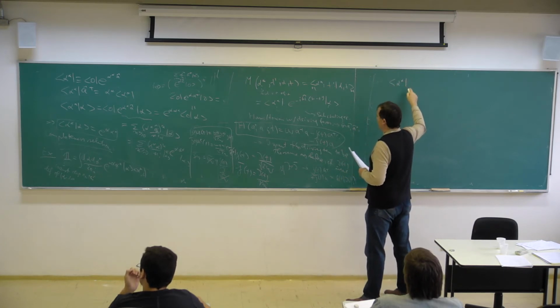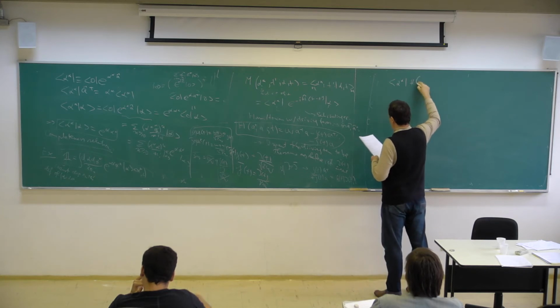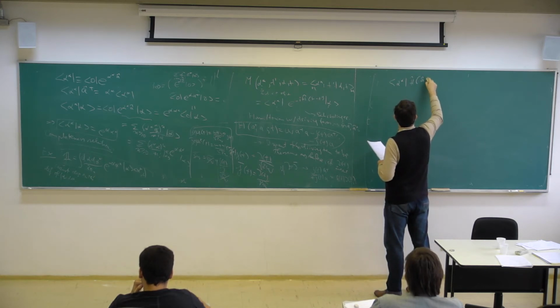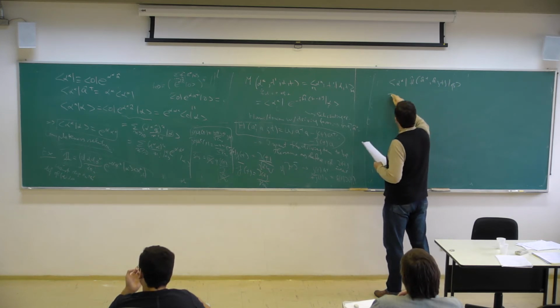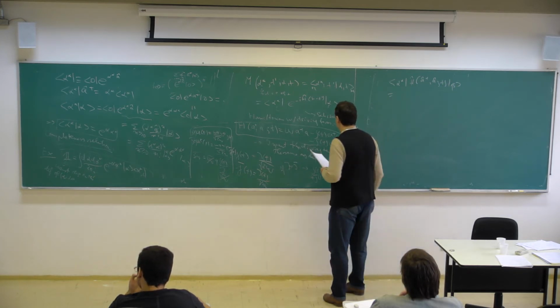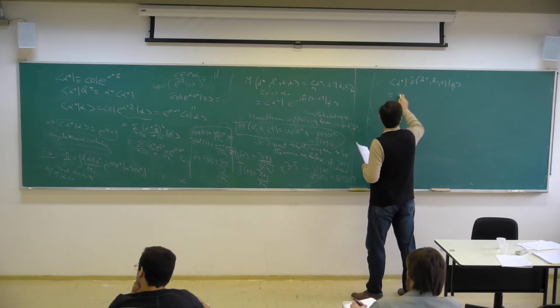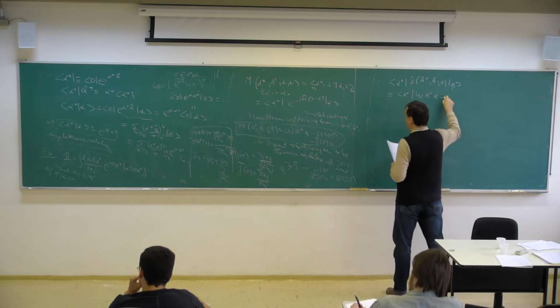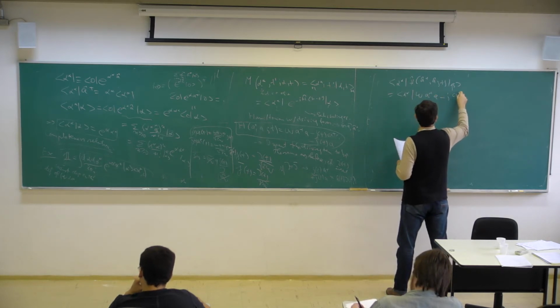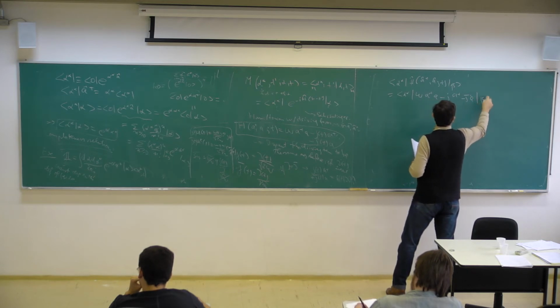So alpha star, H of a dagger a, t, beta is alpha star, omega a dagger a minus J dagger minus J bar a, beta.